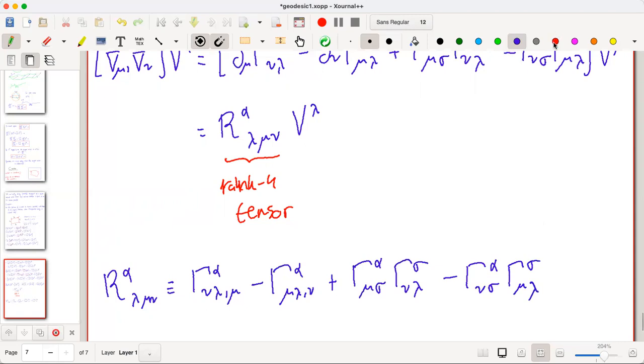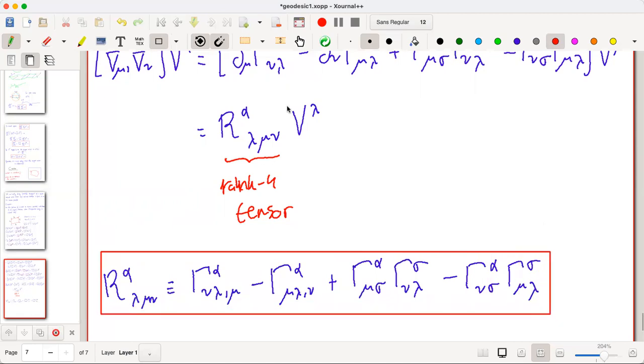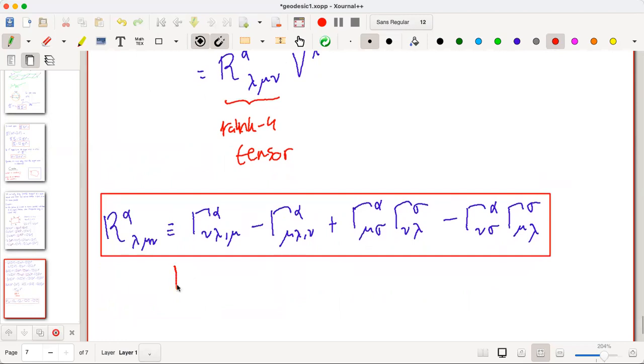Okay, this is the rank 4 tensor that we define. And in the literature this is known as the Riemann curvature tensor.